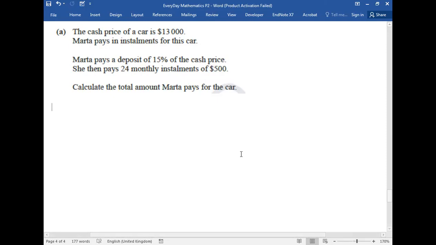Marta pays in installments for this car. Marta pays a deposit of 15% of the cash price. This is also called down payment. The initial amount that you pay is also called down payment. So how much down payment does she pay? 15% of the cash price. Calculate the total amount that Marta pays.